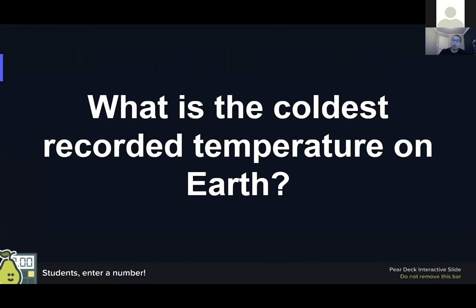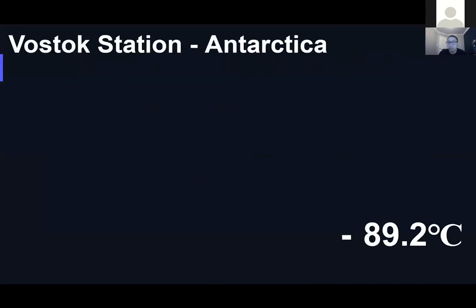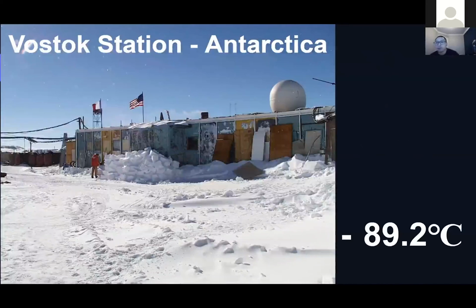All right, the coldest temperature on Earth ever recorded was -89.2 degrees. Sophia was probably the closest, at a science station in Antarctica called Vostok Station. Yeah, so it gets pretty crazy cold out there. Again, I don't know how you'd survive there. I guess not. Again, in these extreme temperatures, not much does survive.